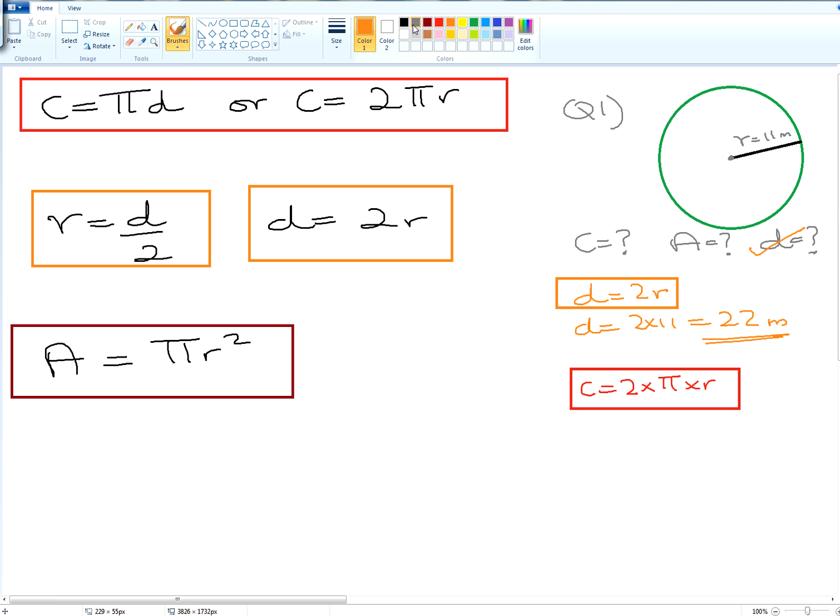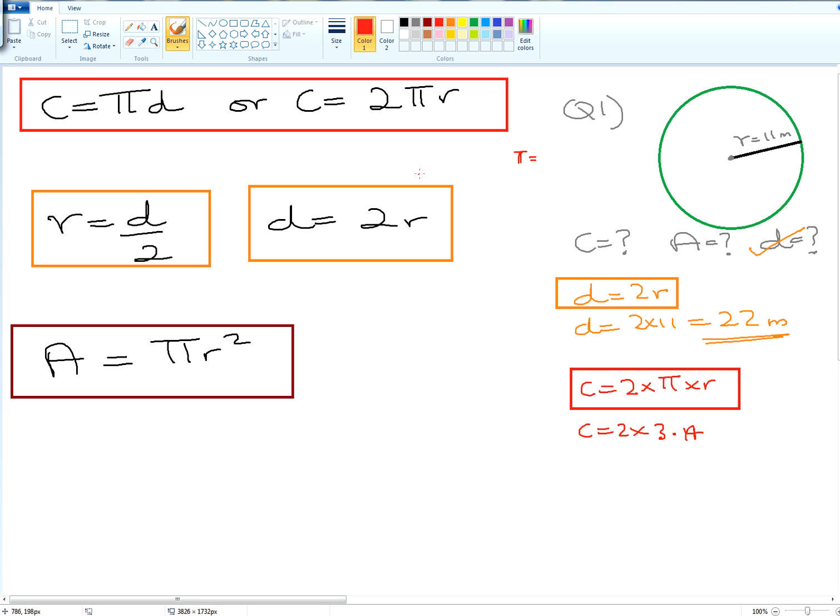Okay, let's go for this. So the circumference is equal to, now pi normally has the value of 3.14 to 2 decimal places. We haven't mentioned what pi is. Pi is a constant, a value that connects the radius and the circumference together, and also the area with the radius.